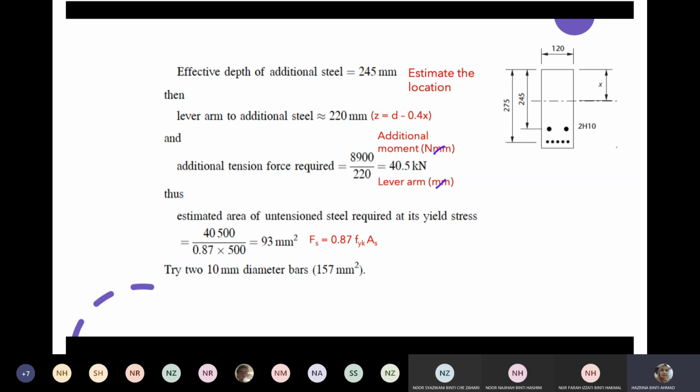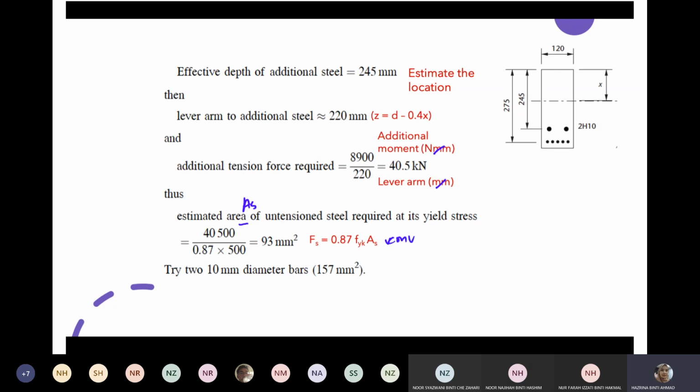Thus, the estimated area of tensioned steel required at its yield stress is equal to 40,500 divided by 0.87 times 500. When we want to calculate this area, As, we are going to use this equation because we know that Fs is equal to 0.87 fyk As.